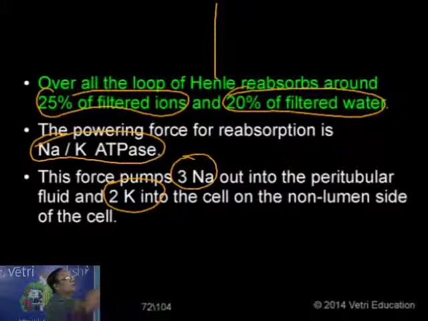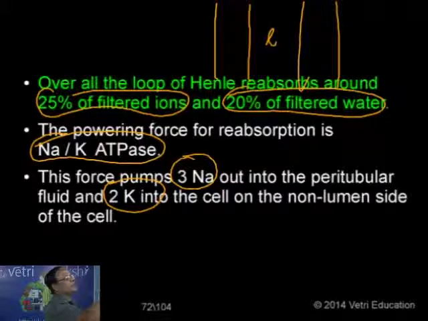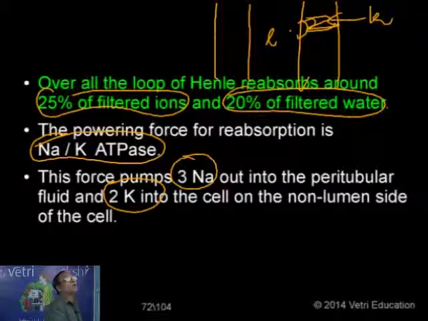Suppose this is the lumen, and we have the cells. Here the potassium is moving in on the non-lumen side. This is the non-lumen side. The potassium is moving in because of the driving force, and sodium moves out of the filtrate, from the lumen.